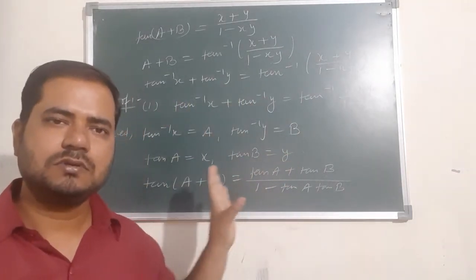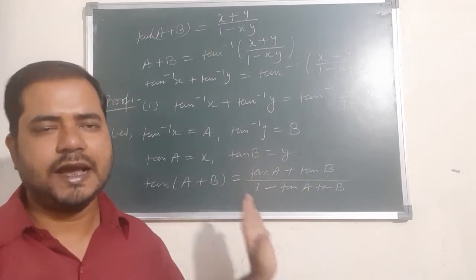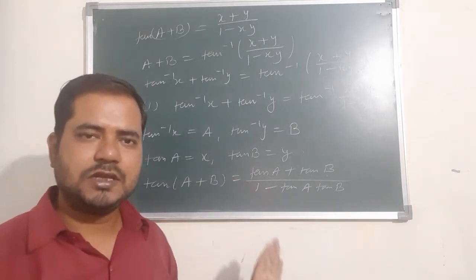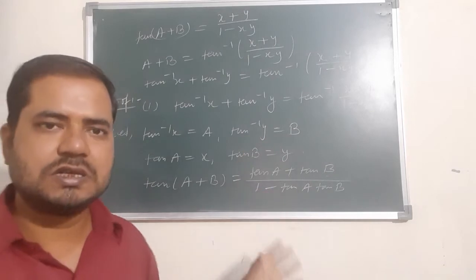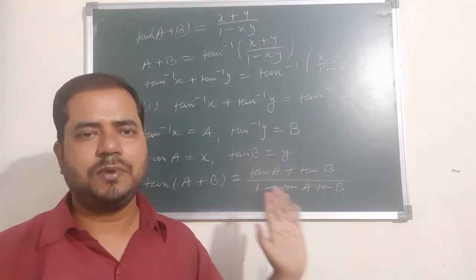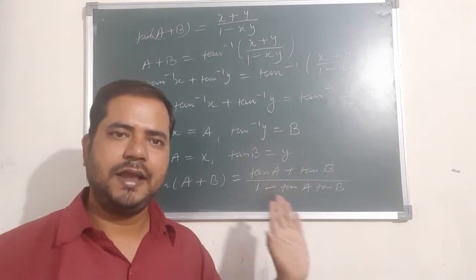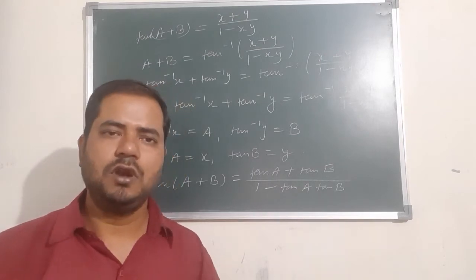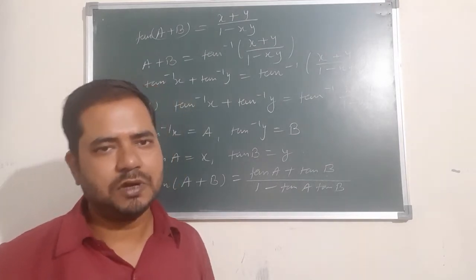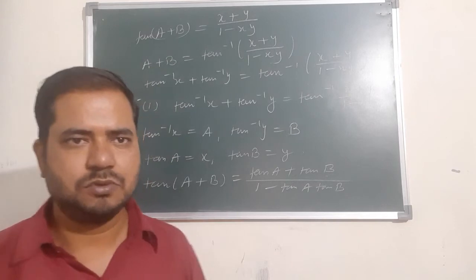The second, you have to show yourself. Only use tan a minus b in place of tan a plus b; all the process is the same. The formula is tan a minus tan b upon 1 plus tan a tan b. Please note it down.